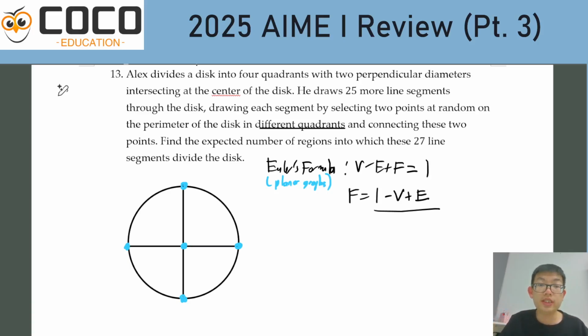So for instance, here in this starting point, there will be 5 vertices, there would be 8 edges, including these arcs are also edges, and 4 faces, which is how you get 1.